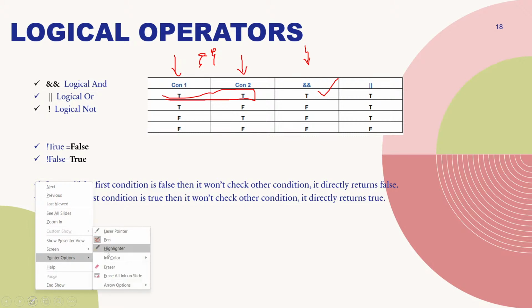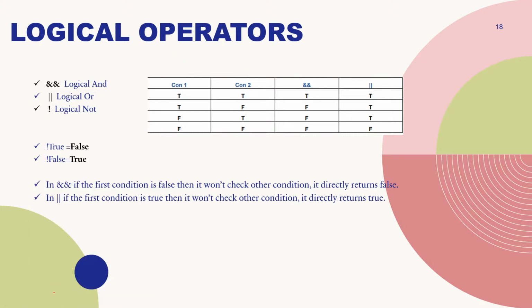Observe clearly, guys. Don't get confused. If both the conditions are true, only at that time will the AND operator give you true. Okay. If either one condition is false, it will return false for the AND operator.